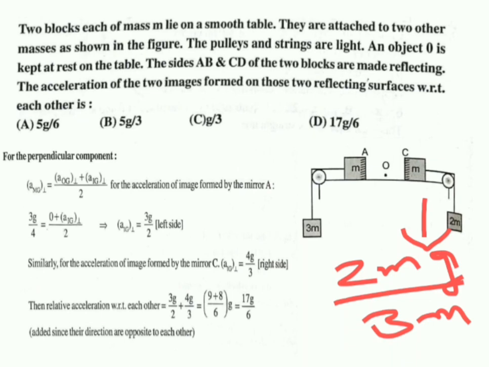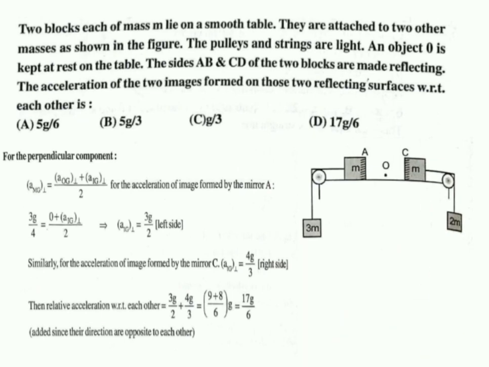That is nothing but 2g by 3. So the left block is moving with 3g by 4 and the right block is moving with an acceleration of 2g by 3.